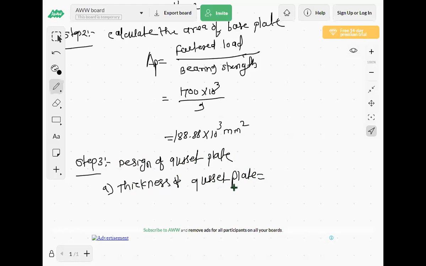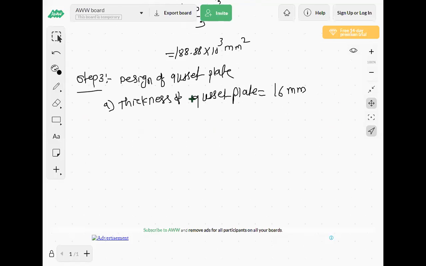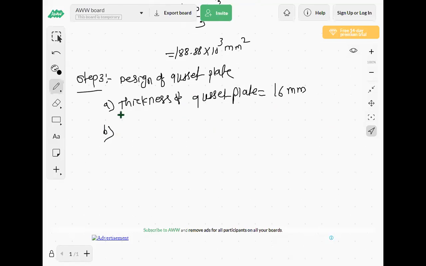What is the condition for thickness of gusset plate? Thickness of gusset plate should not be less than 16 mm. So here we will assume 16 mm thickness of plate. So it should not be less than 16. Here we can assume 18, 20, but here we have assumed 16 mm. So small b now.